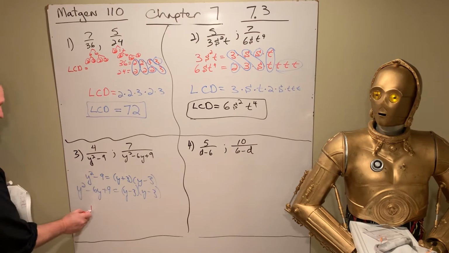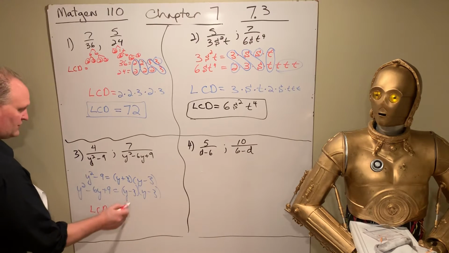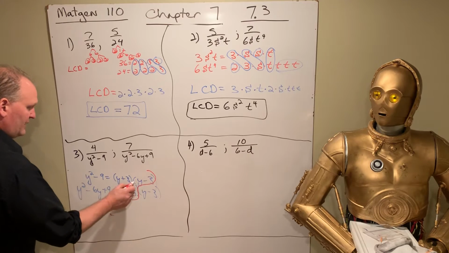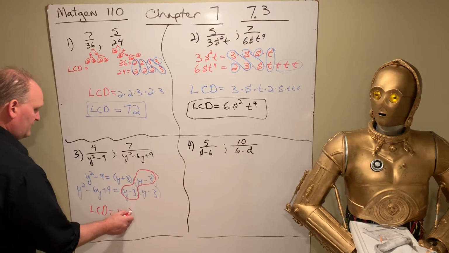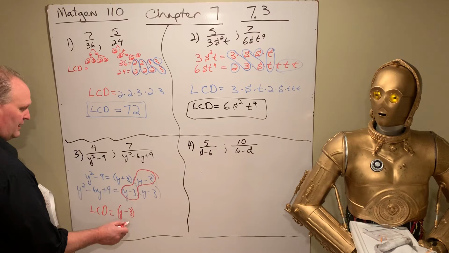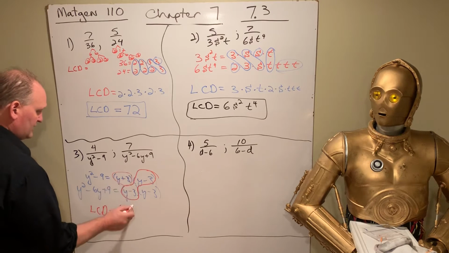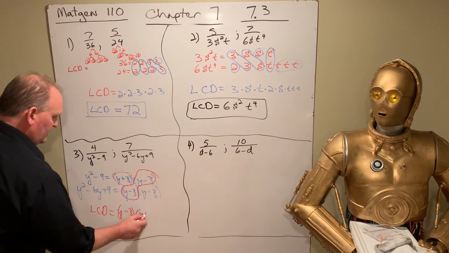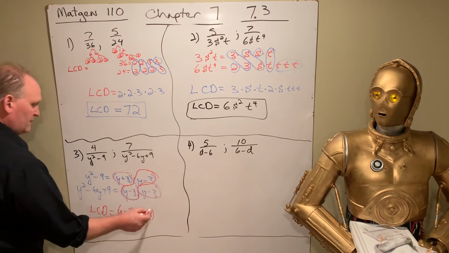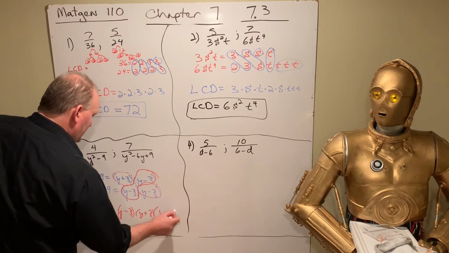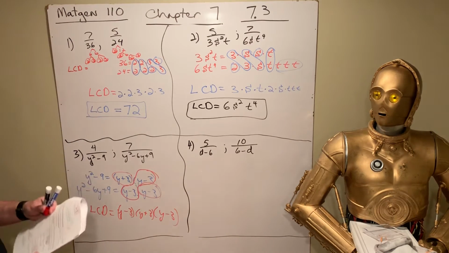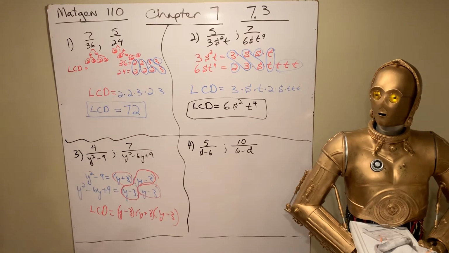So the LCD is equal to, they both have a y minus 3. And then we take all the leftovers. So this counts as a leftover, y plus 3. This counts as a leftover, y minus 3. And that's our LCD. That's kind of a weird LCD, but that's it. Y minus 3 quantity squared, y plus 3.